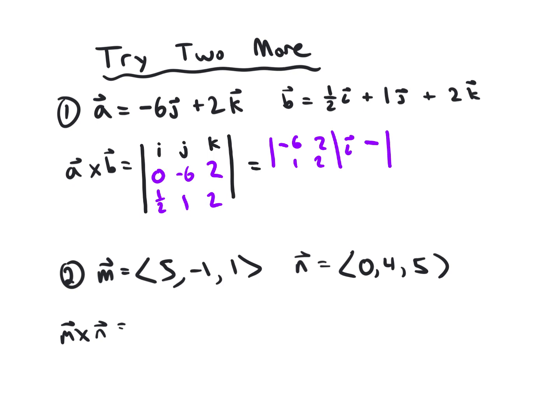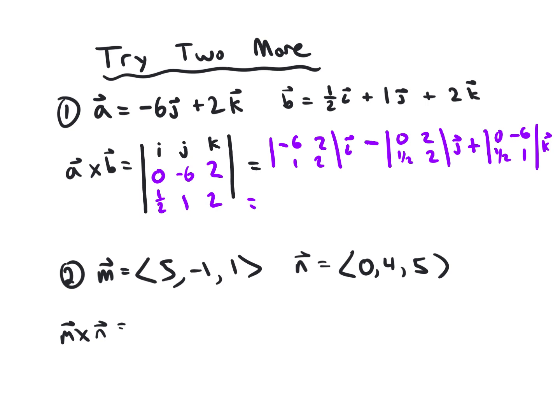Minus determinant of, and then I skip the middle, so it's 0, 2, 1/2, 2, j hat, plus determinant of, skip the right, so 0, negative 6, 1/2, 1, k hat.